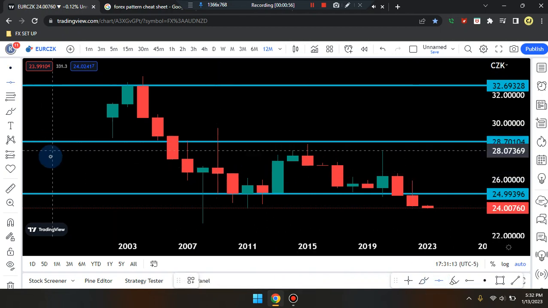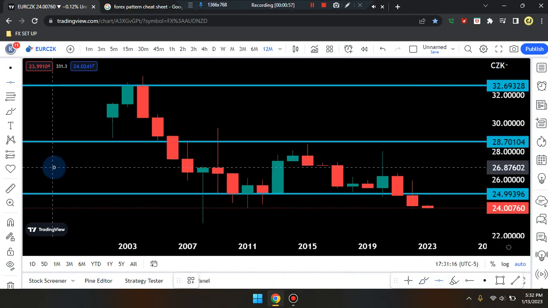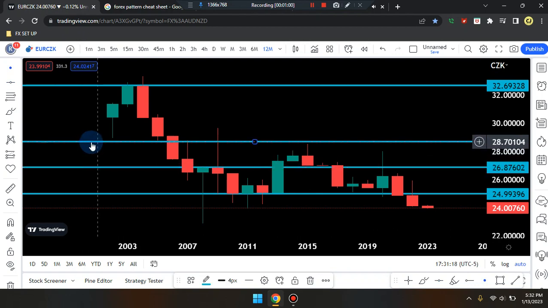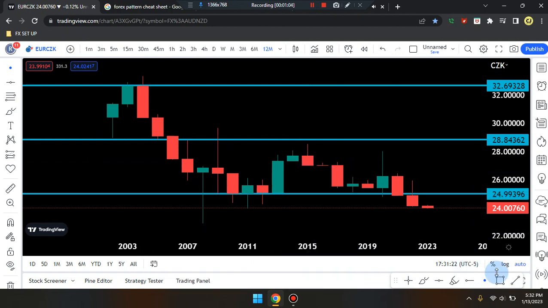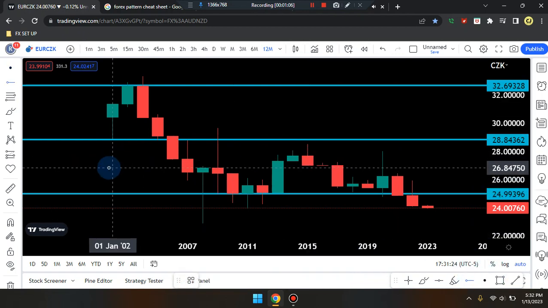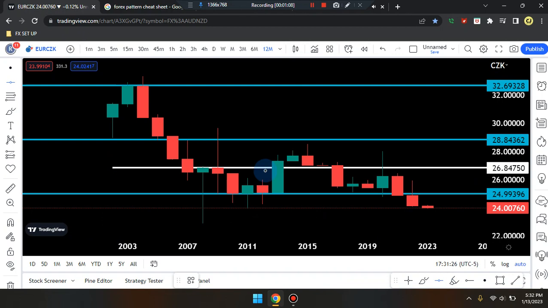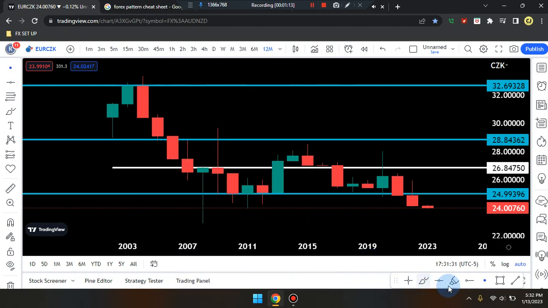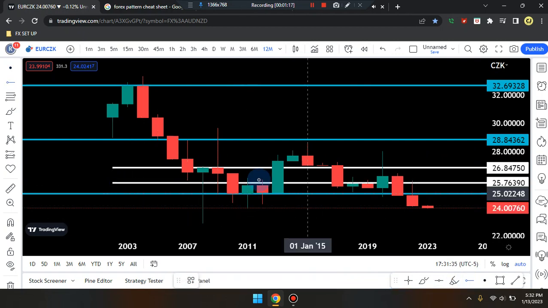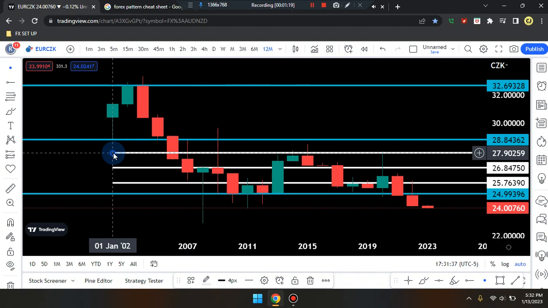also adding second level lows, third level lows, and fourth level lows.